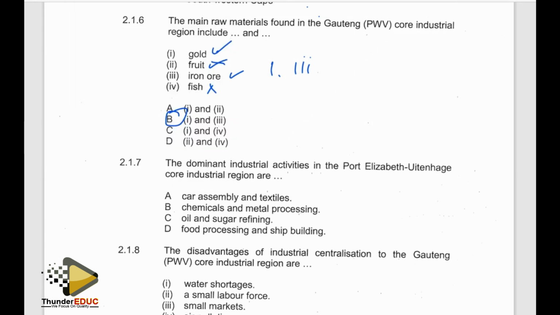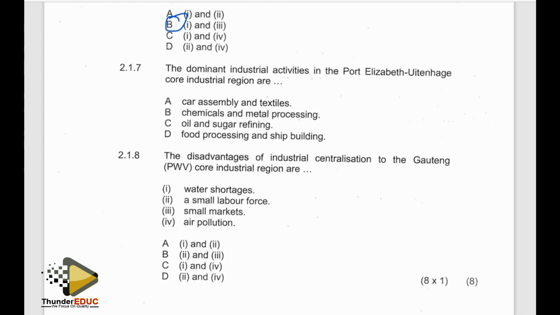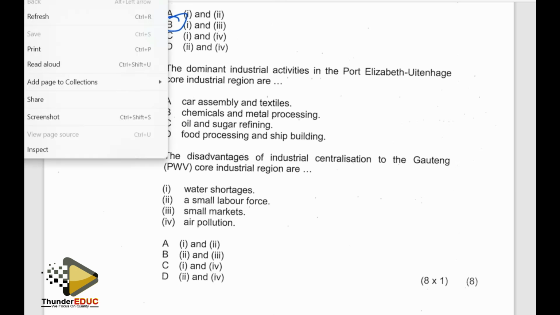217 says, the dominant industrial activities in the Port Elizabeth Uitenhage co-industrial region. What is the major activity that happens in the Port Elizabeth industrial region? Right. The major activity is chemicals and metal processing. Chemicals and metals processing.